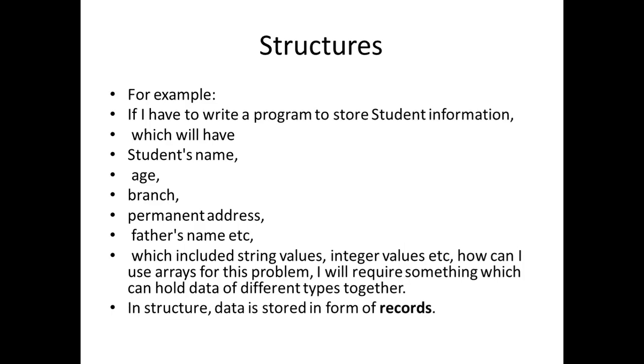Structure is what older languages like COBOL and Pascal call a record. There we call it a record. Here also it is a record, but we do not directly call it a record. It is information.